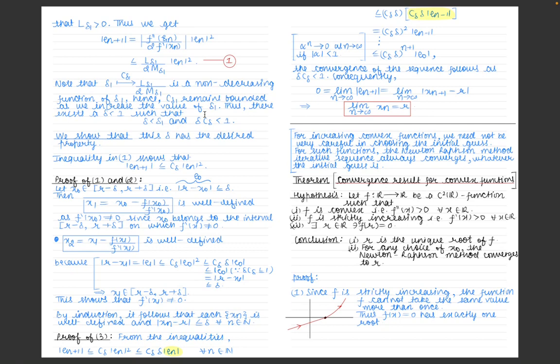If you start from initial guess x0, x1 will be x0 minus f of x0 by f prime x0, and this is going to be well defined as f prime x0 is non-zero, since x0 belongs to the interval r minus delta to r plus delta, on which f prime x is never 0. Correct? So x1 is well defined.